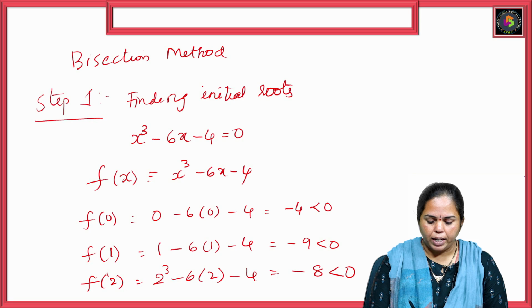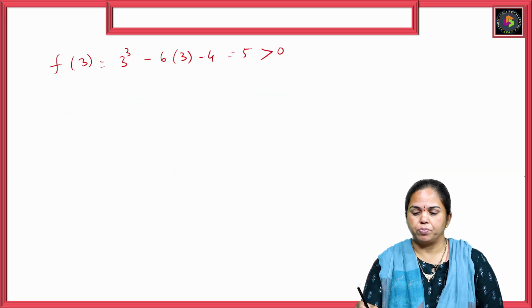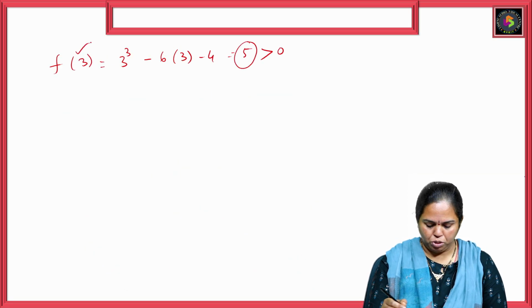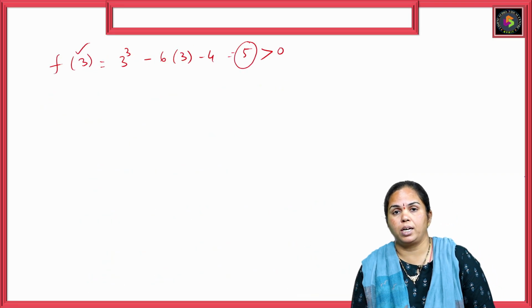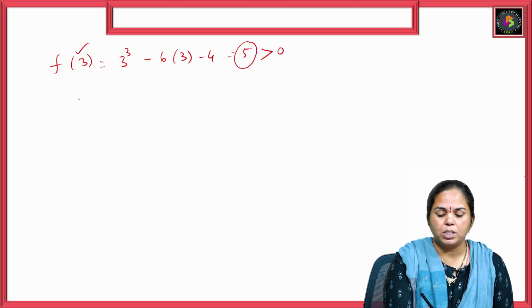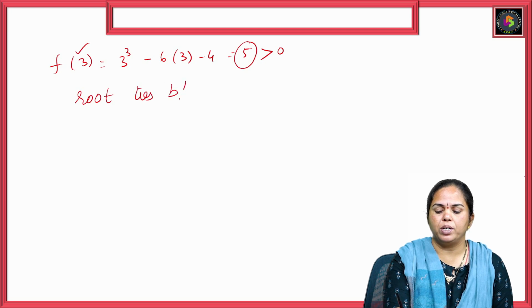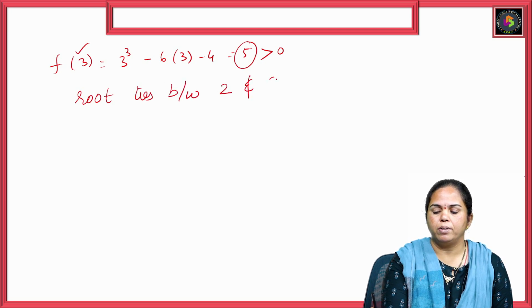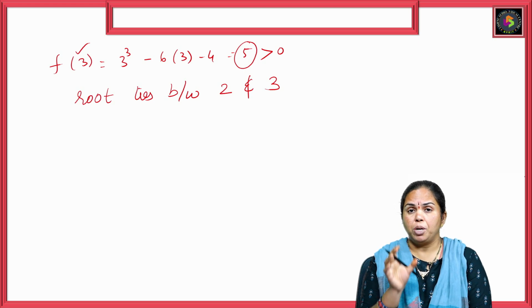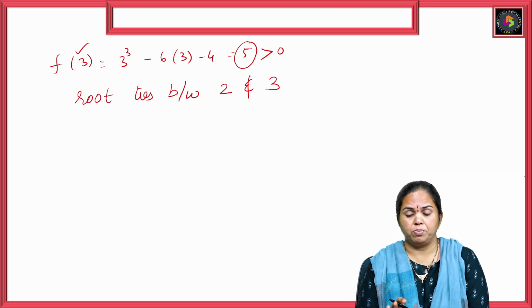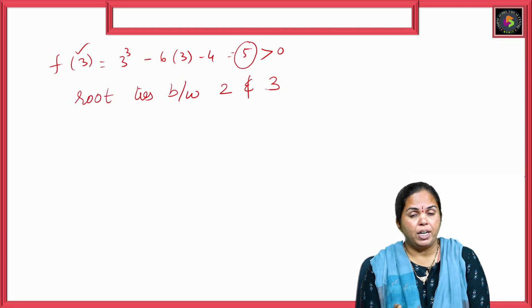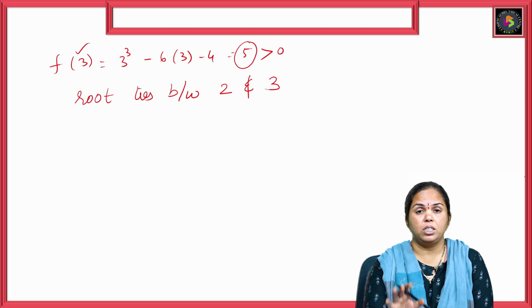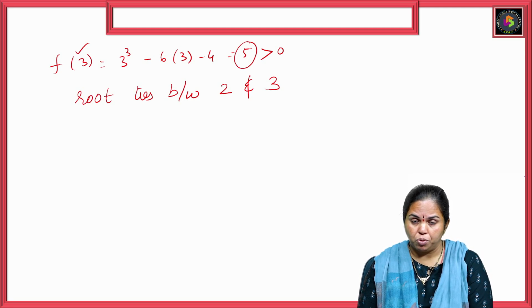For the values 2 and 3, the functional values are of opposite signs, so we can stop the process and conclude that the root lies between 2 and 3. This is the initial process irrespective of any method. If it is mentioned in the problem, there is no need of finding the initial roots. If it is not mentioned, this is the way you have to find the initial roots.